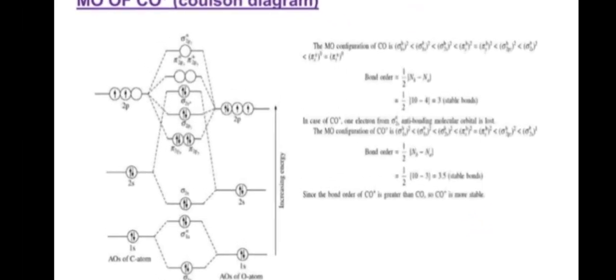This is the diagrammatic representation of the entire molecule. In the diagram, carbon has its configuration and the oxygen atom also has its configuration, which are distributed in this way.